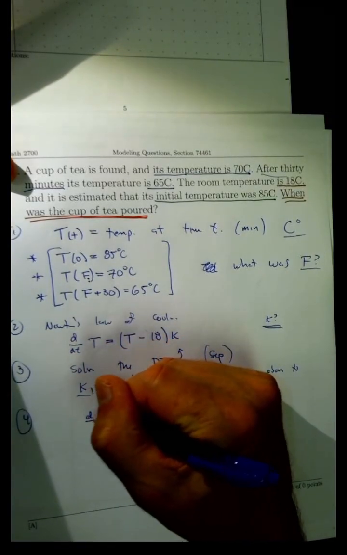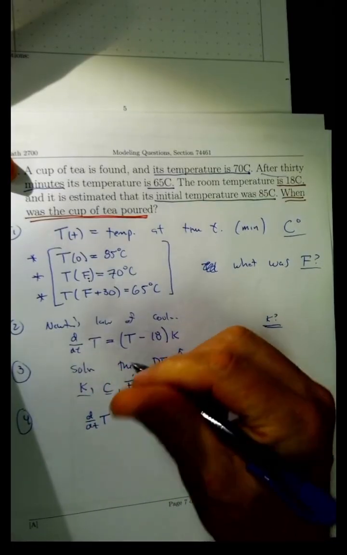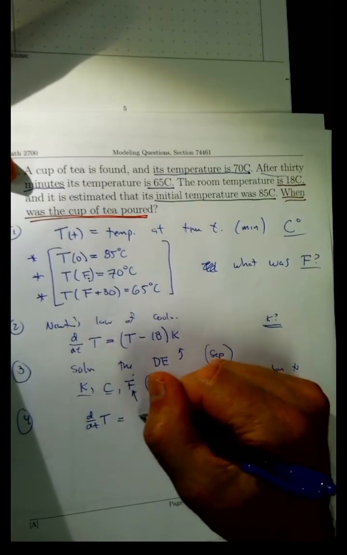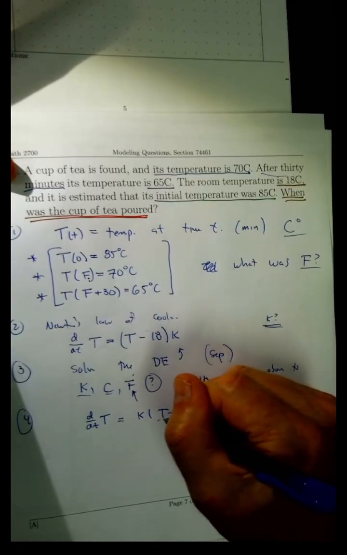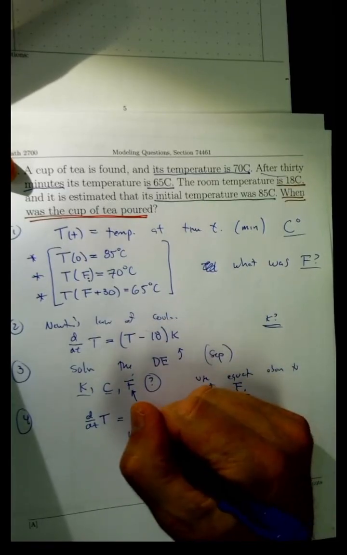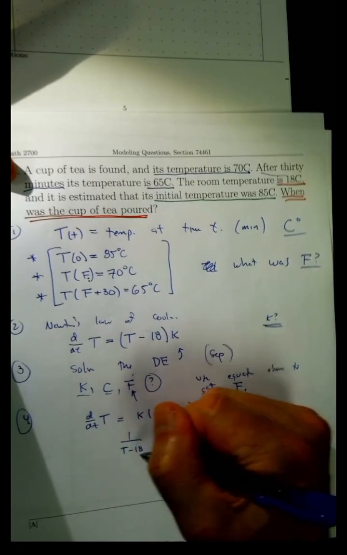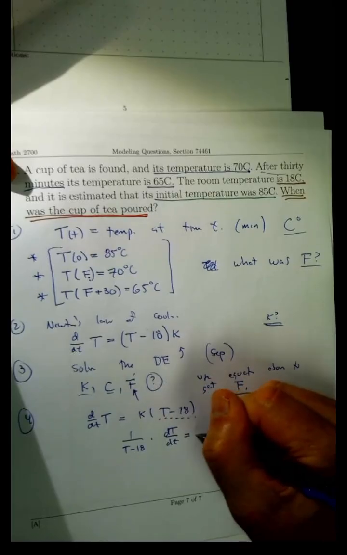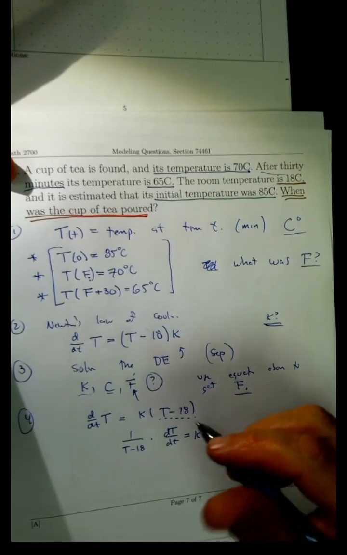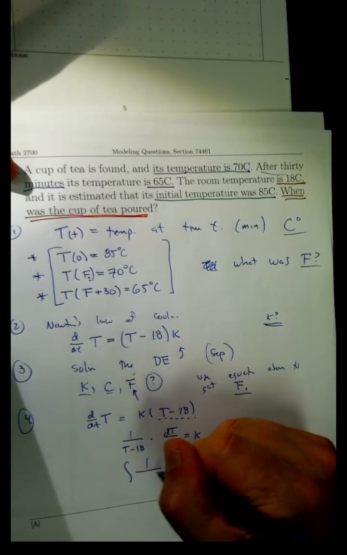So I have the derivative with respect to time of the temperature is k times T minus 18. I'm going to divide both sides by that because it's separable. Now I'm going to take the antiderivative of both sides.